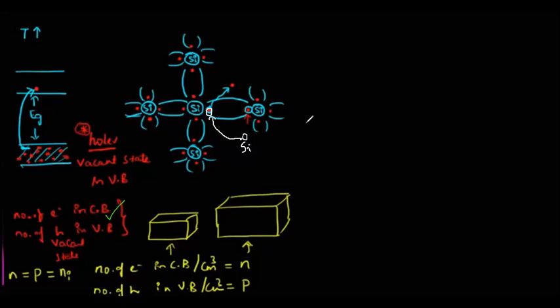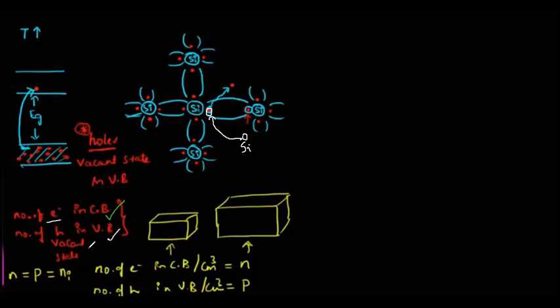So we have two kinds of movement here: one, the movement of electrons, and second, the movement of holes. What are holes? Holes are the empty space created due to the removal of an electron. So the electrons will be in the conduction band and the holes will be in the valence band.